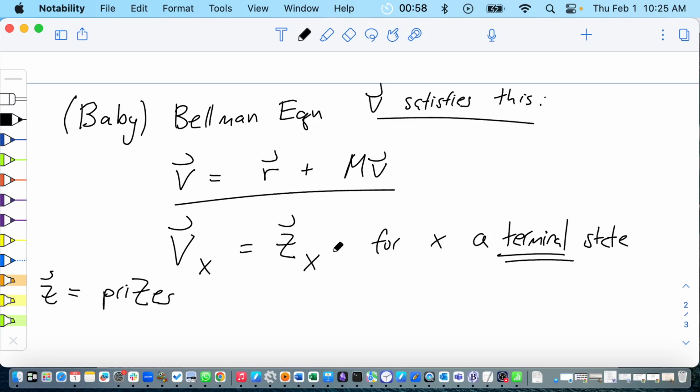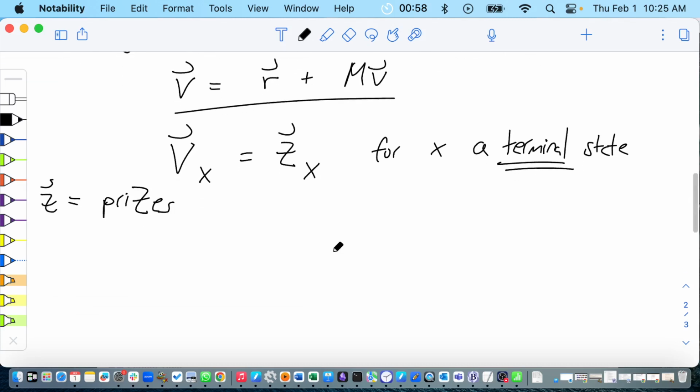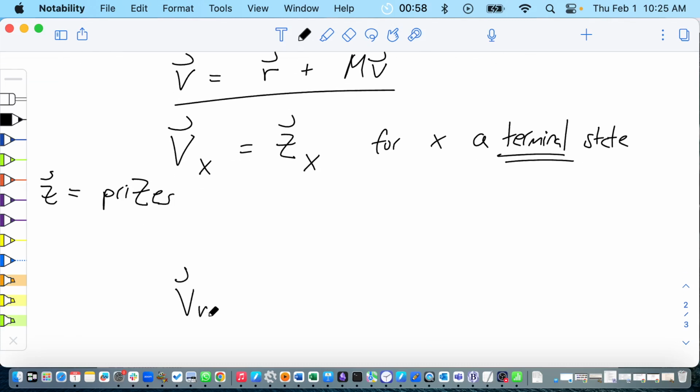So for example, if you get a prize car, if you get to state n, then you would have the equation that v of n equals 1, because one prize car.